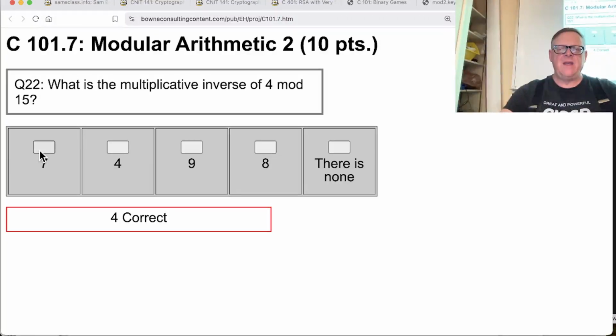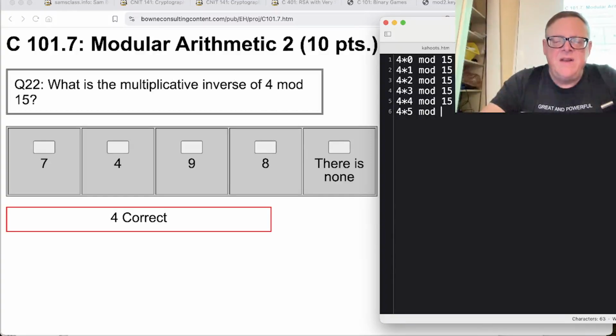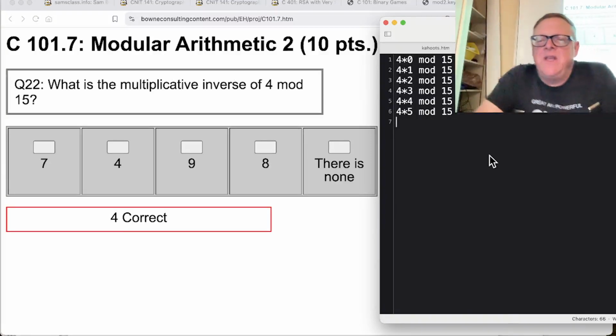All right. And how about this? The multiplicative inverse of 4 mod 15. So remember, you're going to do it this way. You're going to do mod 15. And you're going to take 4 here, and have more of these, like 4 times 5, mod 15, and so on, until you find something that gives you 1.